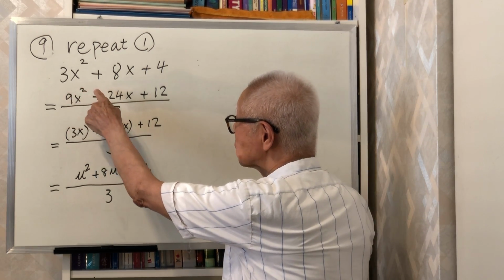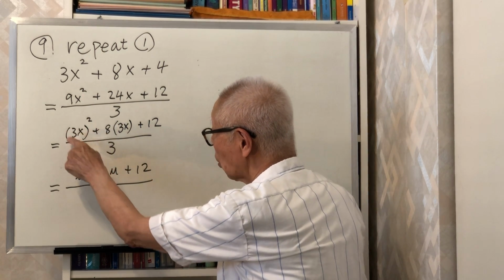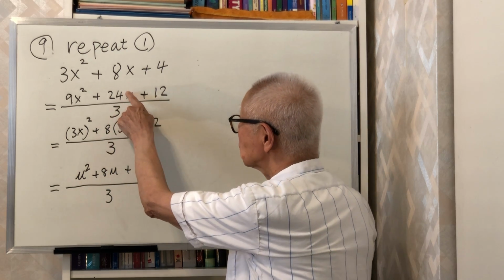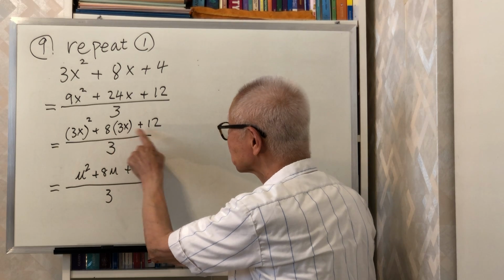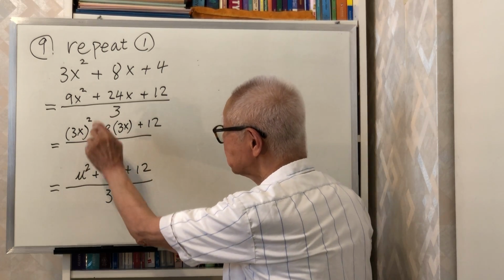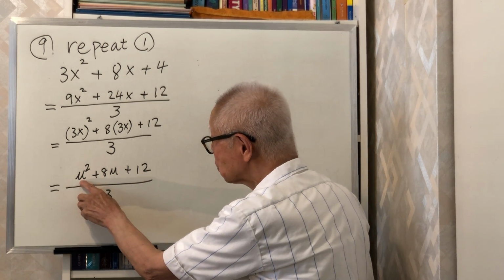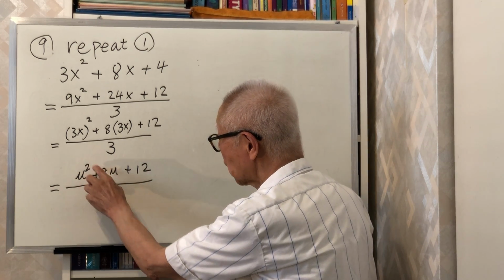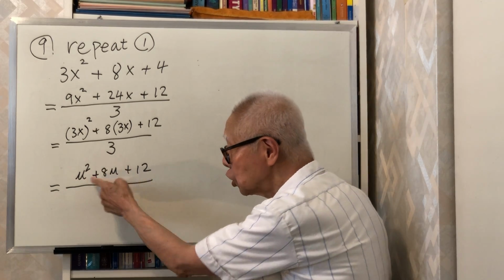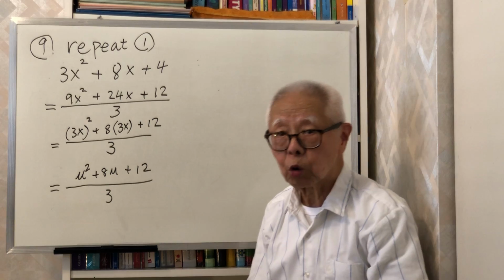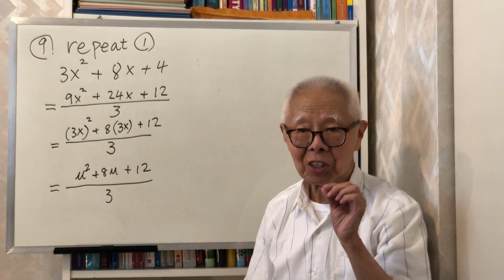The reason I multiply by 3 is to rewrite this as 3x, the whole thing squared. And this, I break into 3x times 8. So I see 3x squared, 3x, I use u to represent 3x, so u squared plus 8u plus 12. Then this numerator is a quadratic expression we discussed in our last lecture.